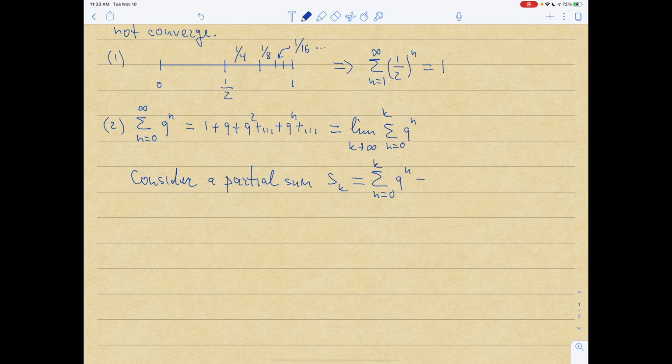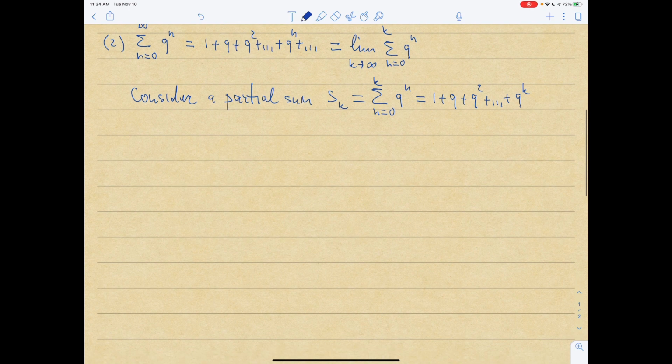Or if I expand this expression, this would be q to the 0, which is 1, plus q to the 1, q, plus q squared plus etc. And then the last term is q to the k. Well, would I be able to make this expression simpler?